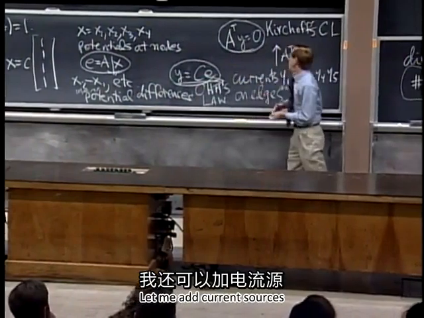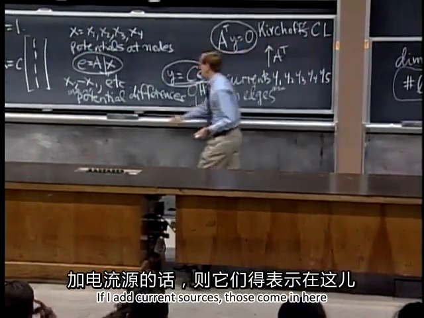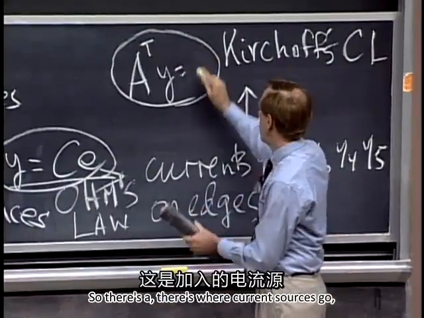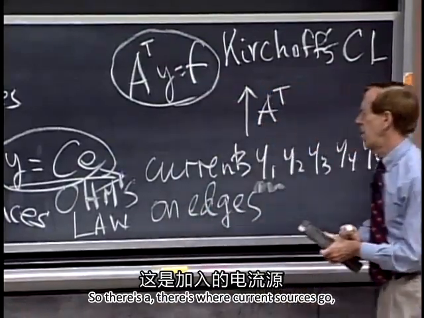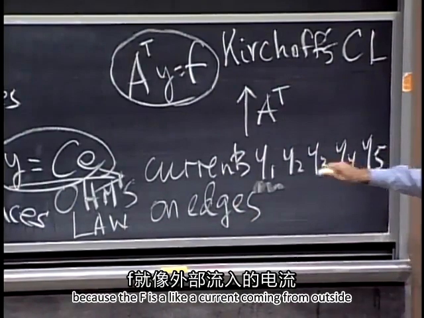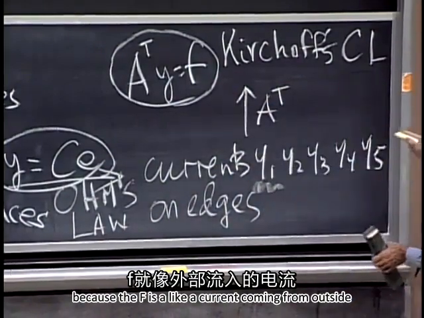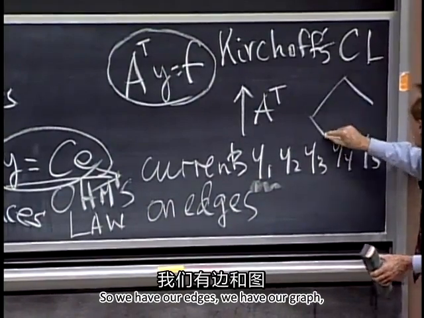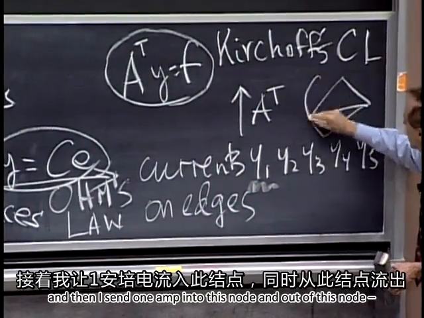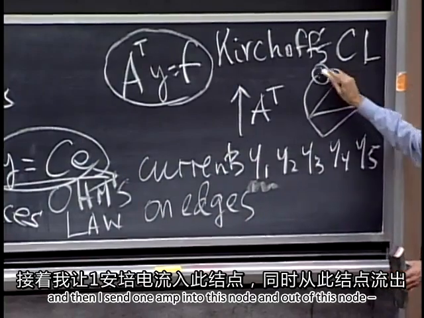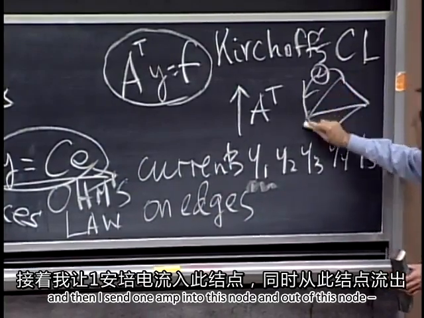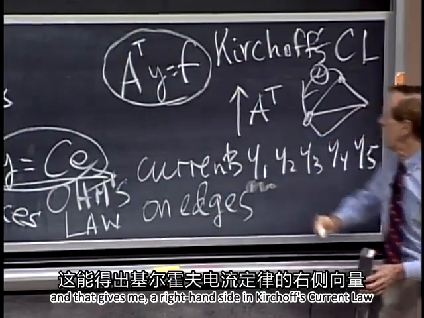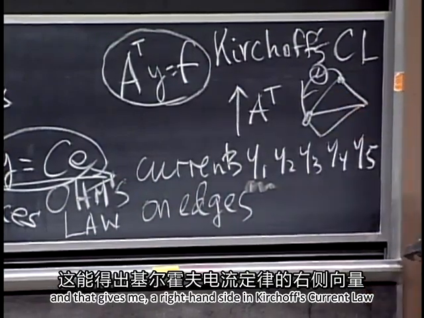Let me add current sources. If I add current sources, those come in here. So there's where current sources go, because the f is like a current coming from outside. So we have our edges, we have our graph, and then I send 1 amp into this node and out of this node, and that gives me a right-hand side in Kirchhoff's current law.